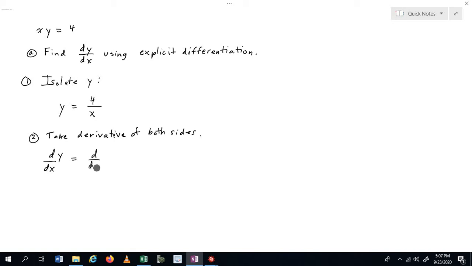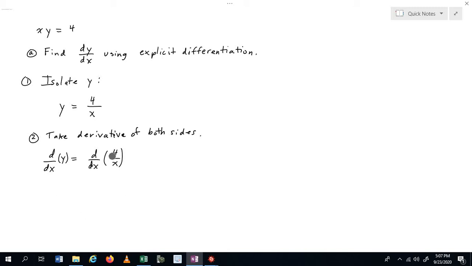And on the right-hand side, we're going to have to find the derivative of this function 4 over x with respect to x. Now remember, whatever you do to one side of the equation, you can do to the other side of the equation and it would remain equal. So as long as we take the derivative of both sides of this equation, they should still be equal on both sides.